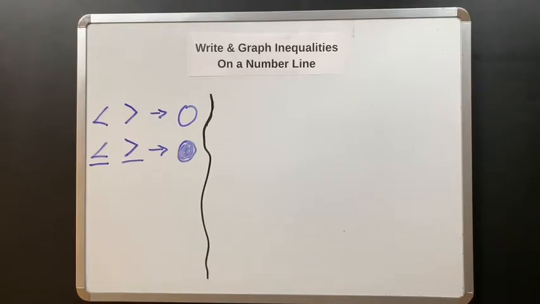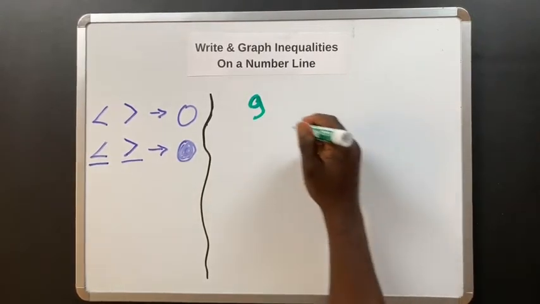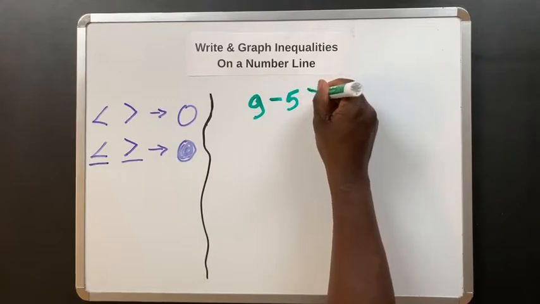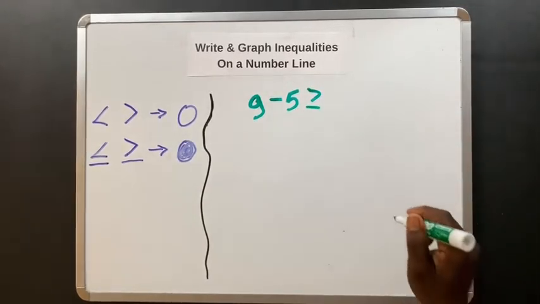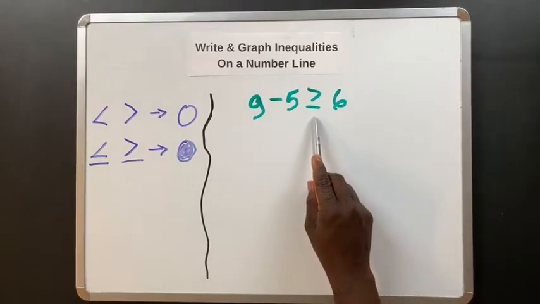Let's start with an inequality. If you're given an inequality that says g minus 5 is greater than or equal to 6, okay? That's our inequality. Notice it's not an equation. We don't call it an equation because it doesn't have an equal sign.